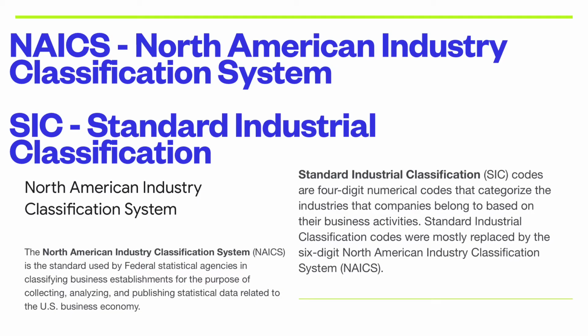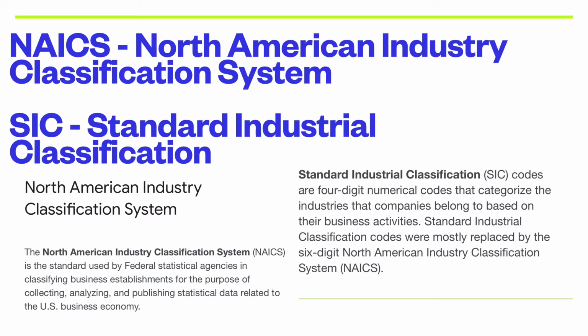Okay, so NAICS stands for the North American Industry Classification System. The North American Industry Classification System, or the NAICS, is the standard used by federal statistical agencies in classifying business establishments for the purpose of collecting, analyzing, and publishing statistical data related to the U.S. business economy.